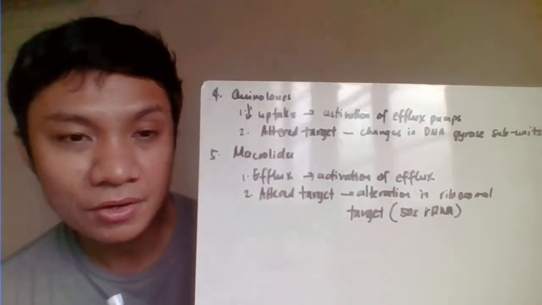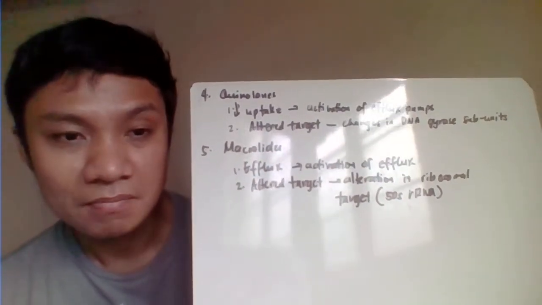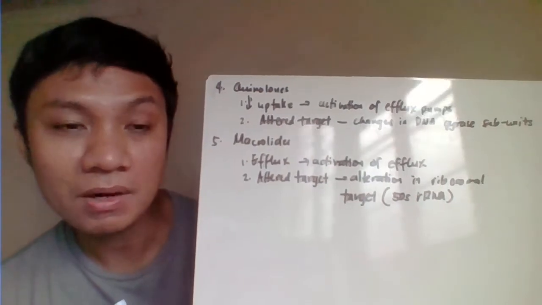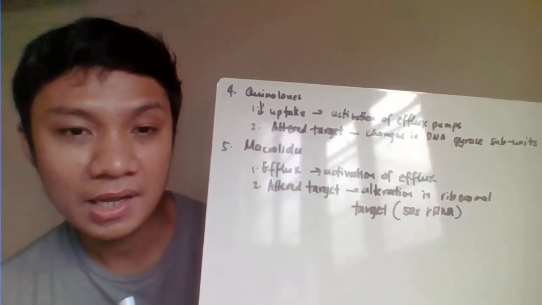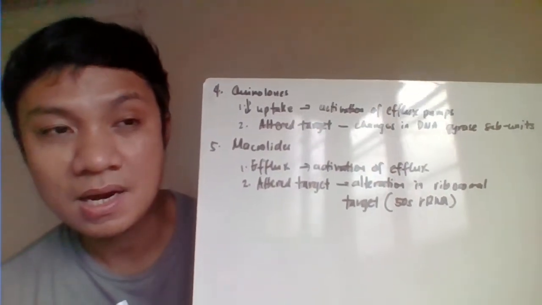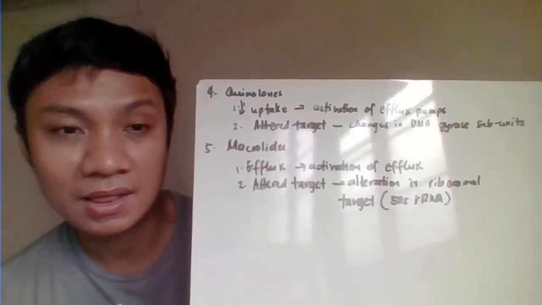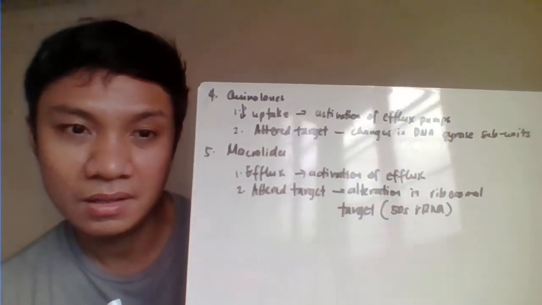And your bacteria could also alter the target, which is your 50S ribosomal RNA, preventing your macrolide from recognizing it and preventing it from binding. And therefore, it will prevent the killing of your bacteria. Okay, so thank you.